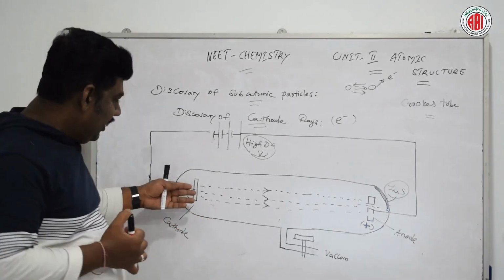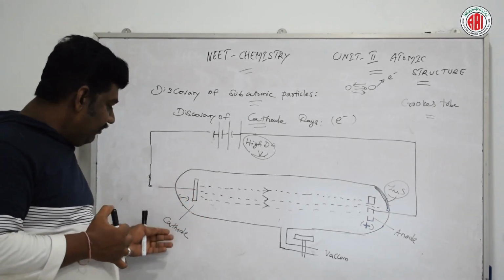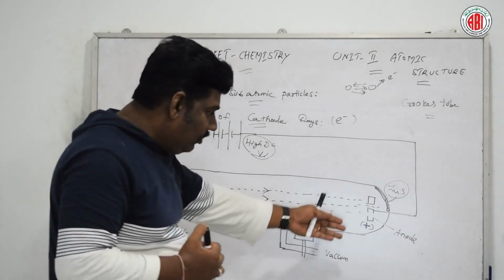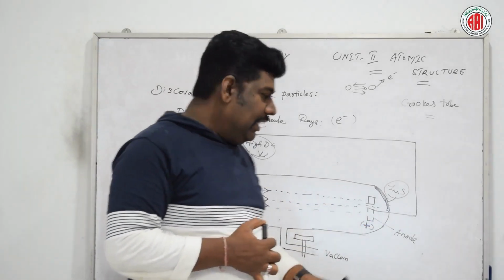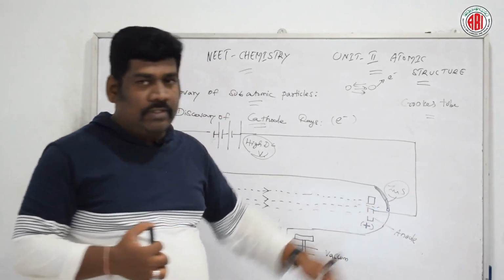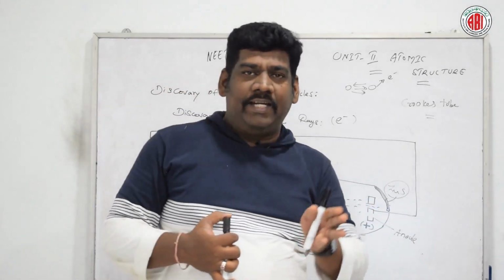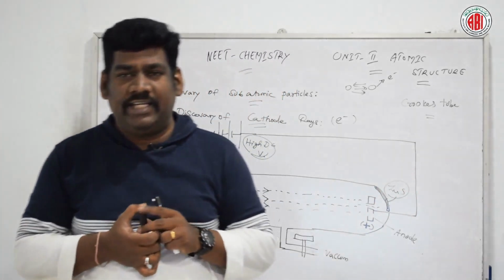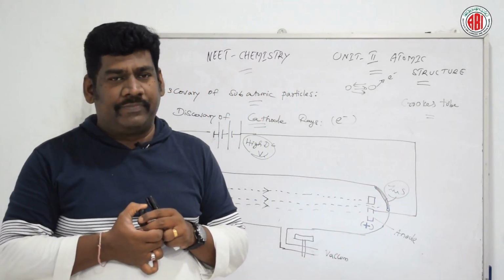Now you see the rays which are emerging from this cathode and passing towards the anode, where the anode has a hole, and these rays are again penetrating through the hole, and finally what happened?